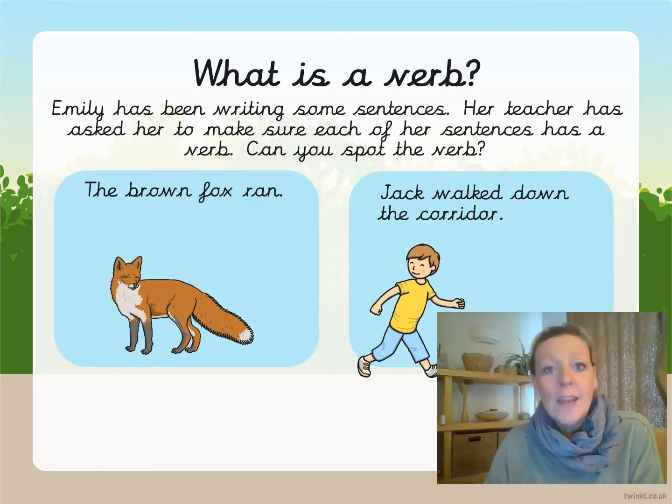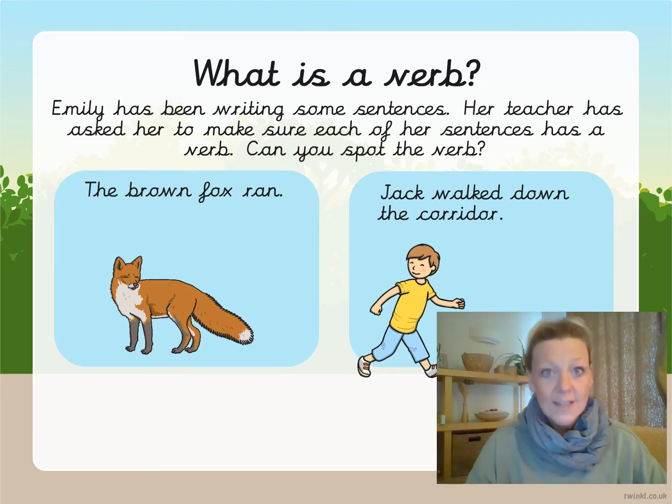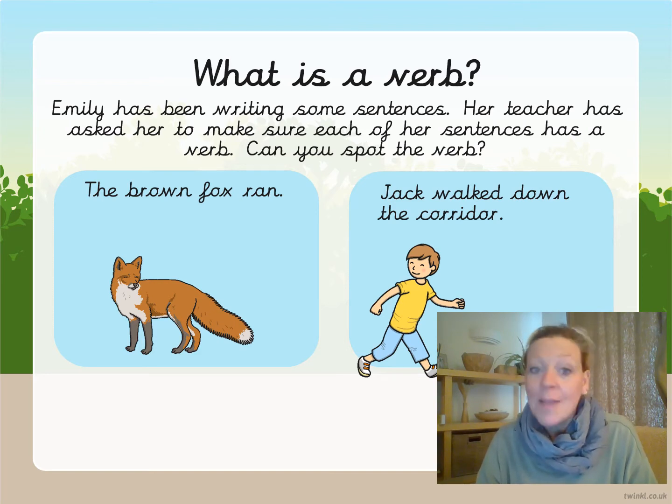First of all, before we embark upon the adverb, can you remember what a verb is? Have a think. Emily's been writing some sentences. Her teacher has asked her to make sure that each of her sentences has a verb in it. Can you spot the verb in these sentences?